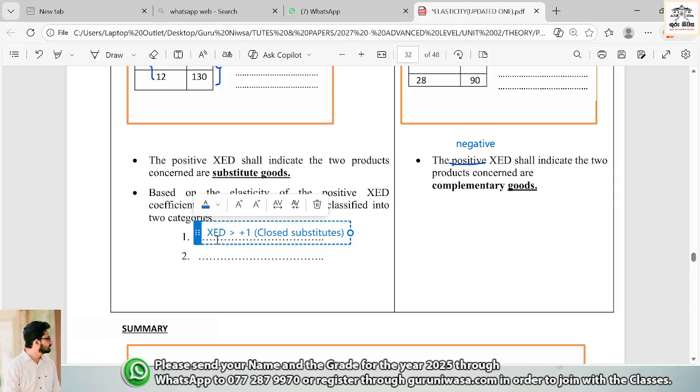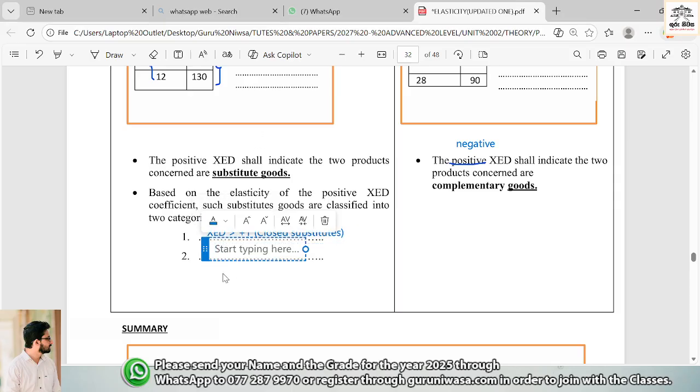If the XED value is less than 1, like 0.5, and I'm talking about plus values, okay? If it is more than 1, the products are called close substitutes; less than 1, distant substitutes.